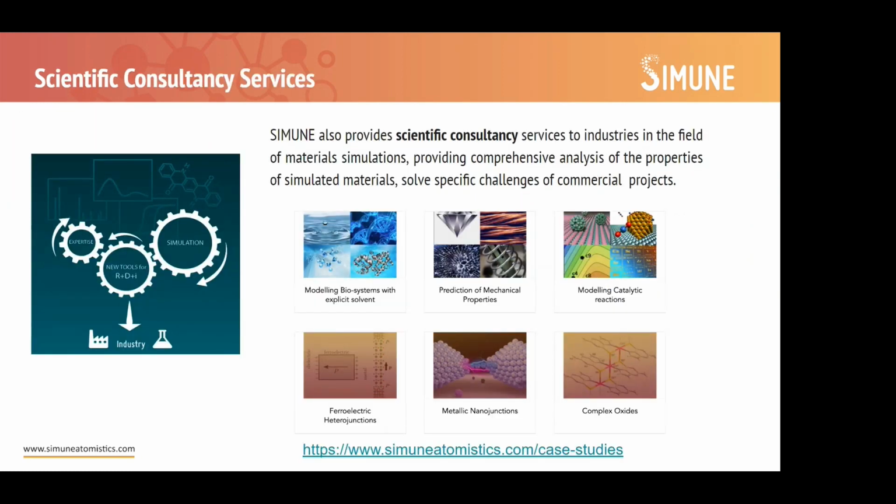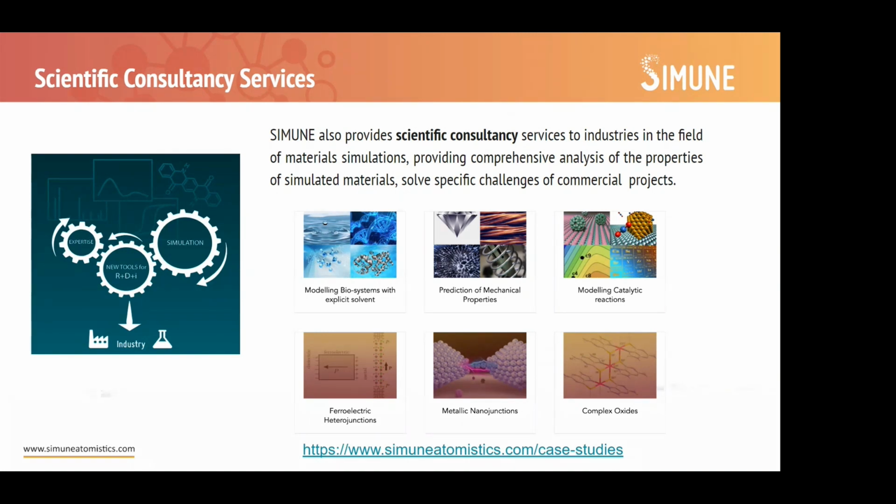Let's go to the next slide. Right. So Simune is a company which is developing software, but on top of that, we also provide scientific consultancy services. We provide consultancy for industries in the field of material simulations. We provide analysis of the properties. We do scanning of the materials.